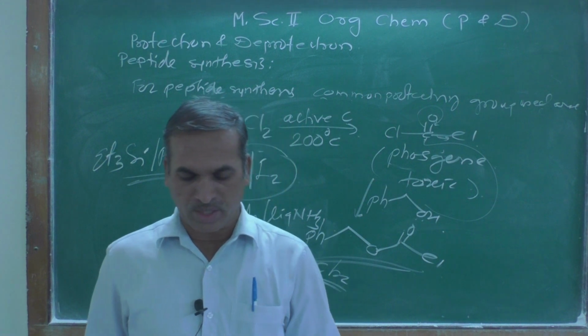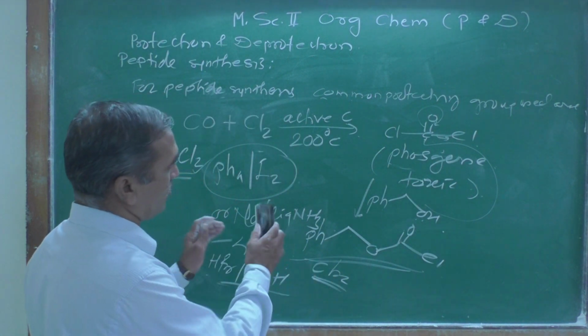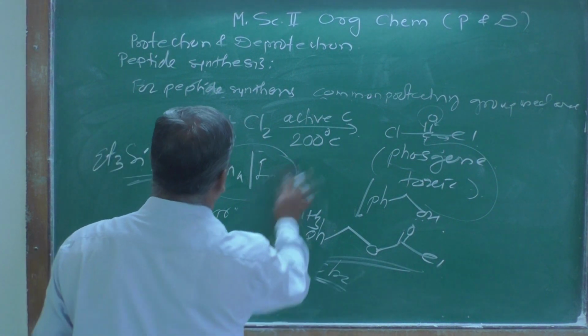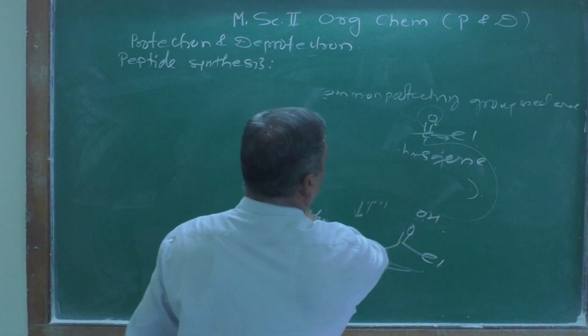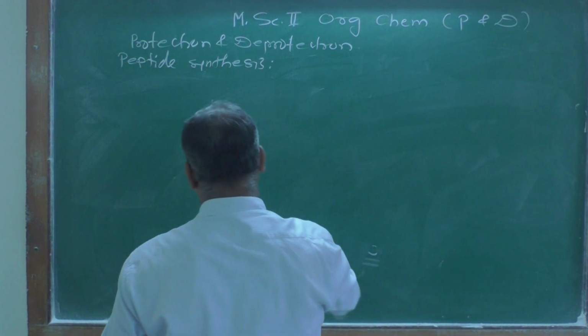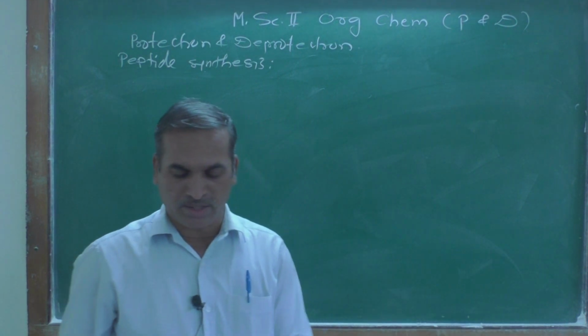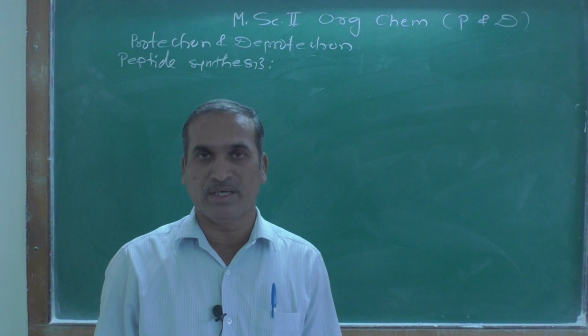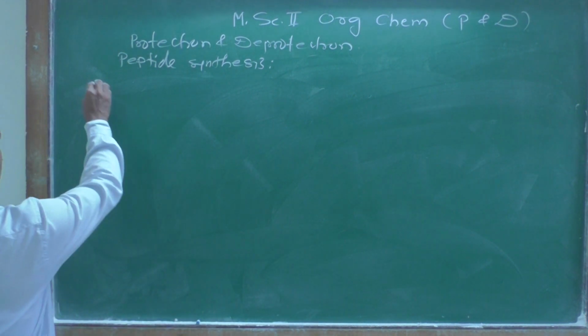Now the protection of groups in a side chain. Whatever we have seen so far is the protection of these amino acids. Now let us move on to the next point, which is the protection of groups in a side chain.